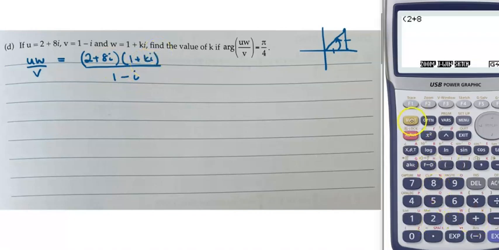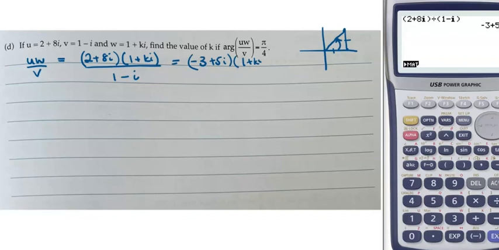So 2 plus 8i, let's just fix that up. And divide it by 1 minus i is going to give me minus 3 plus 5i times by 1 plus ki for the original bit on the top there.